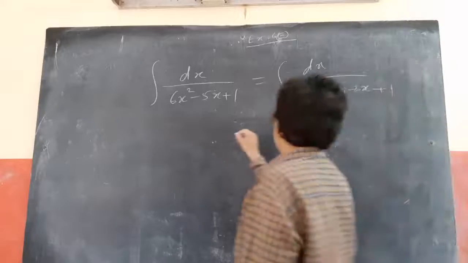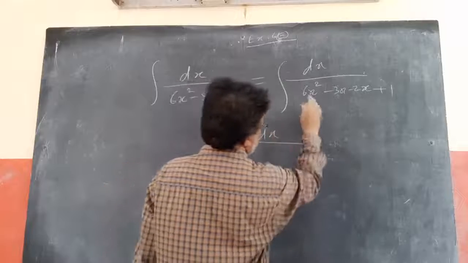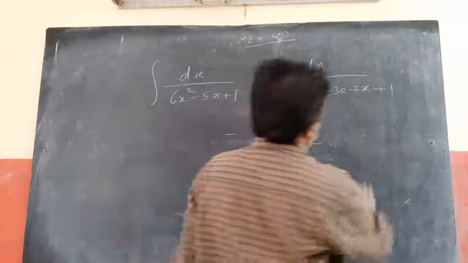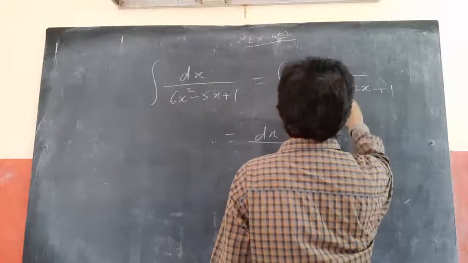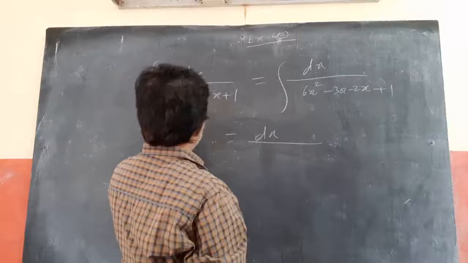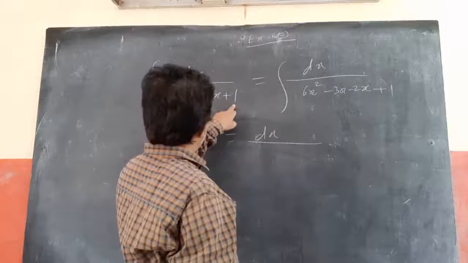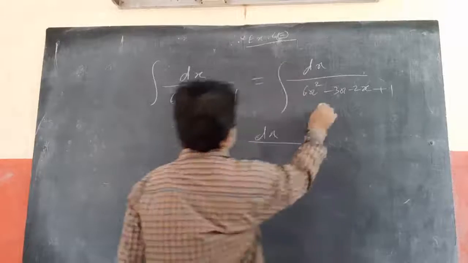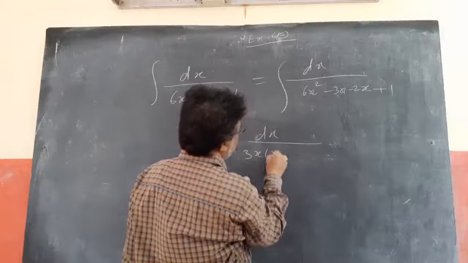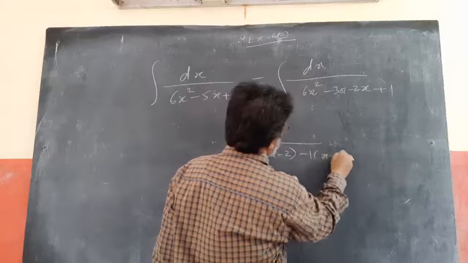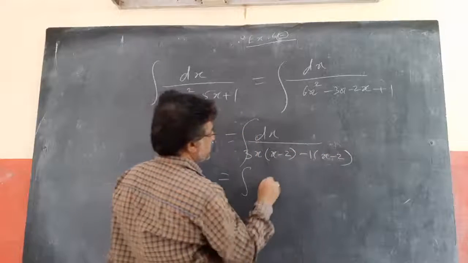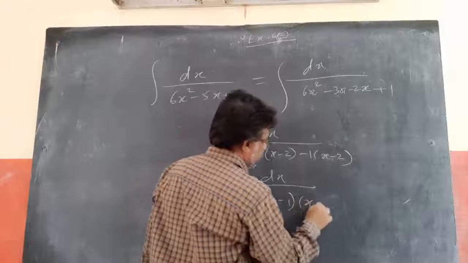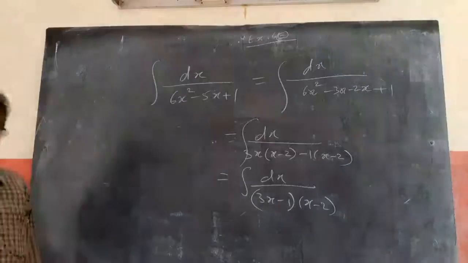If I take 3x common from the first two, it becomes x minus 2, and minus 1 common gives x minus 2. So the integral is dx by 3x minus 1 into x minus 2.